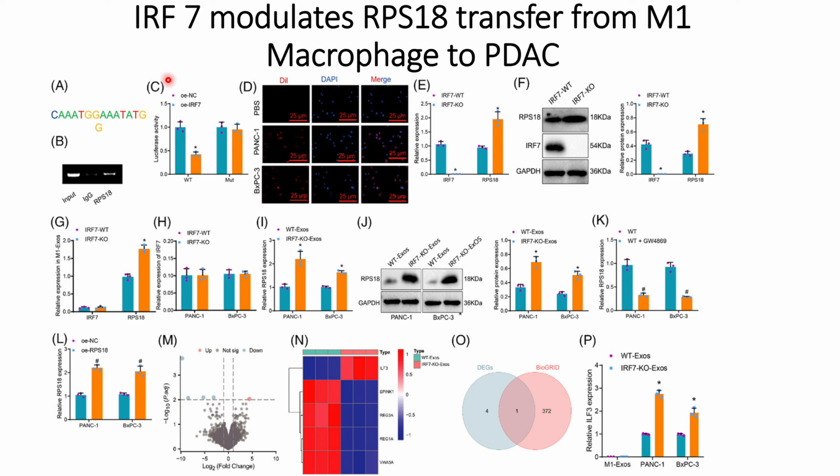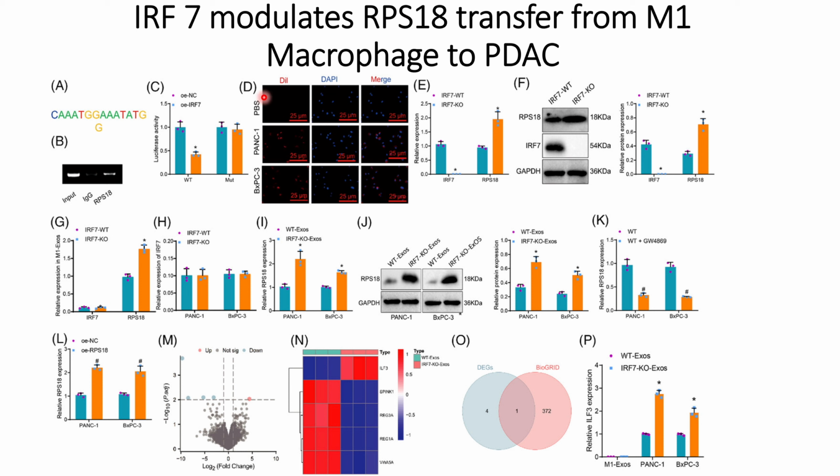So what they did is they overexpressed IRF7 in cells through lentivirus transfection, and on the other side they took control cells. In the wild type, where they did not mutate this binding region, they can see a decrease in the RPS18 formation, or the luciferase signals, as RPS18 is also co-transfected.